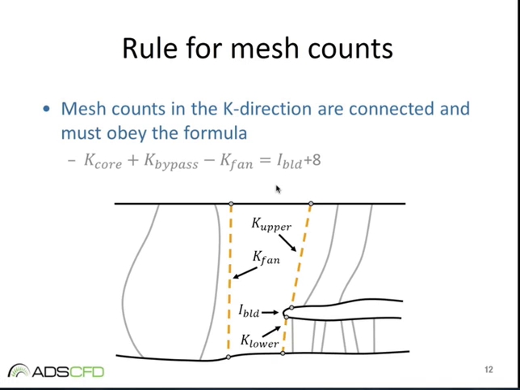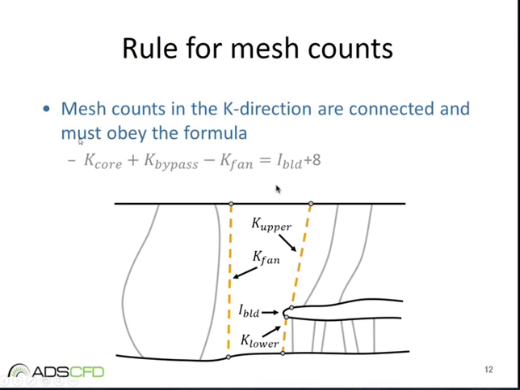So here's where we inform WAND about the number of bypass points. We can't just set arbitrary numbers of K-planes for the core, bypass, and fan. Since this is a multi-block structured mesh, those numbers are interconnected, and they're related by this equation right here.